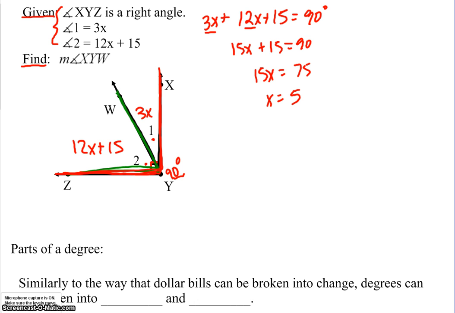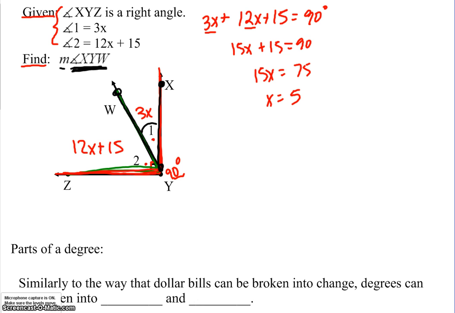It's asking you find, and this little m right here, all that means is the measure. It's nothing fancy. They're just saying find the measure of angle XYW. That's what we need to solve for. How big is angle XYW? You need to go back and look. X, Y, W. Oh yeah, that's like angle 1.